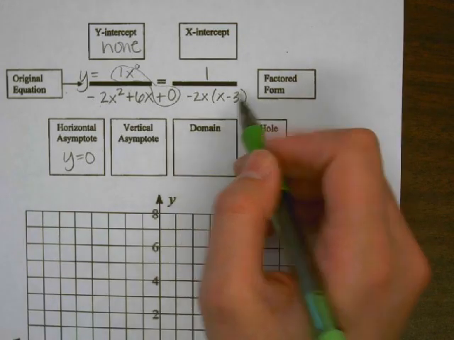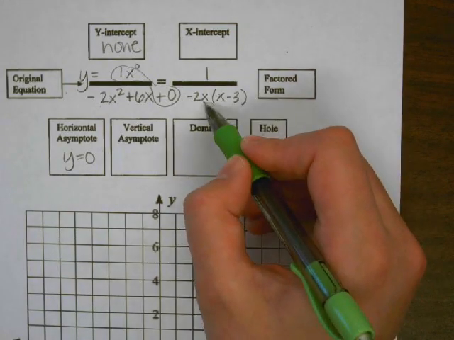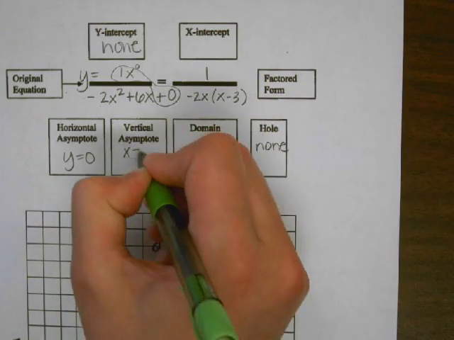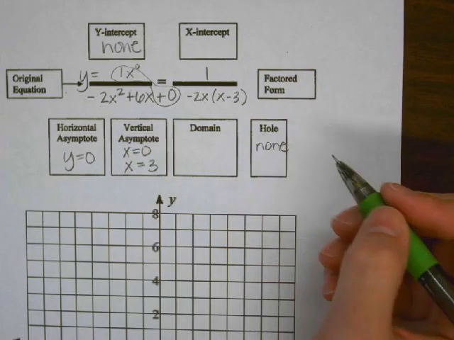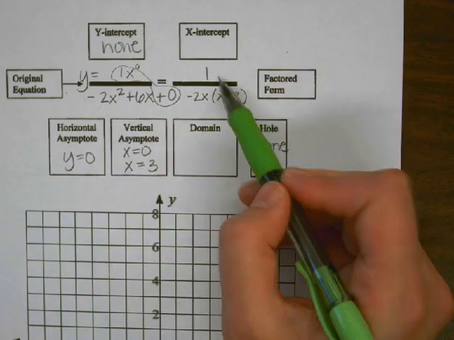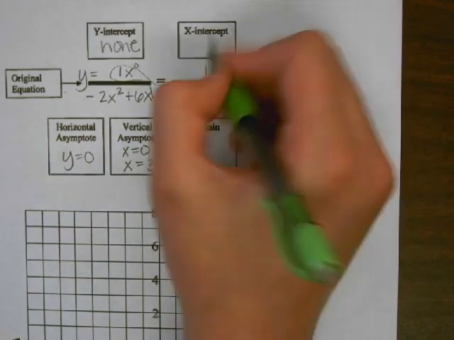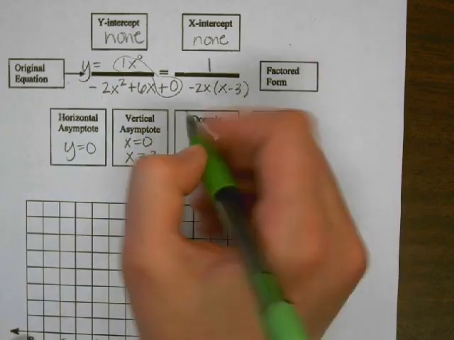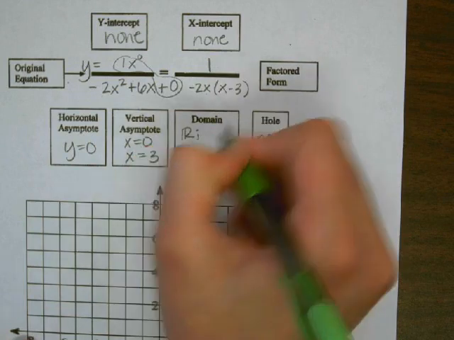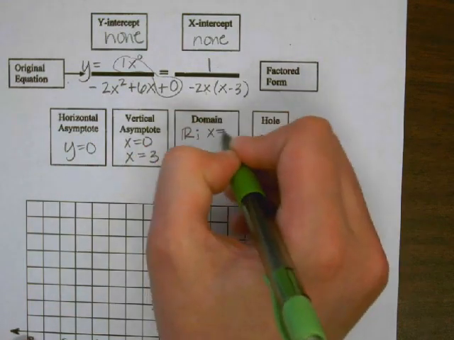That means I have 2 vertical asymptotes. So I have a vertical asymptote at 0 and a vertical asymptote at positive 3. There are no factors on the top, so I do not have any x-intercepts. And for my domain, I can see that I have all real numbers, but I should skip 0 and skip 3.